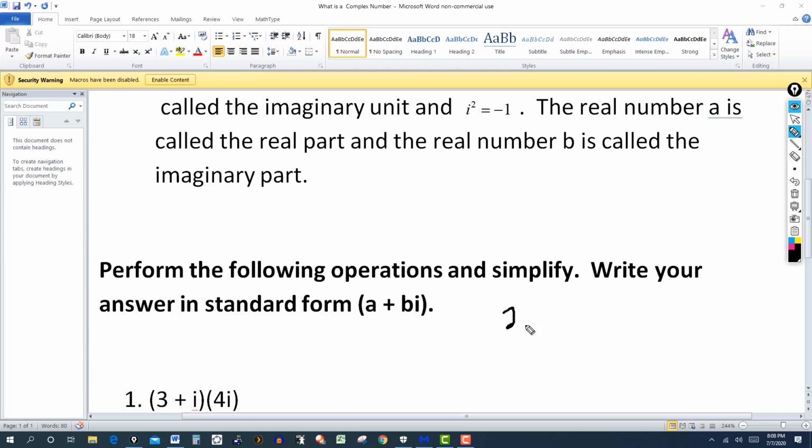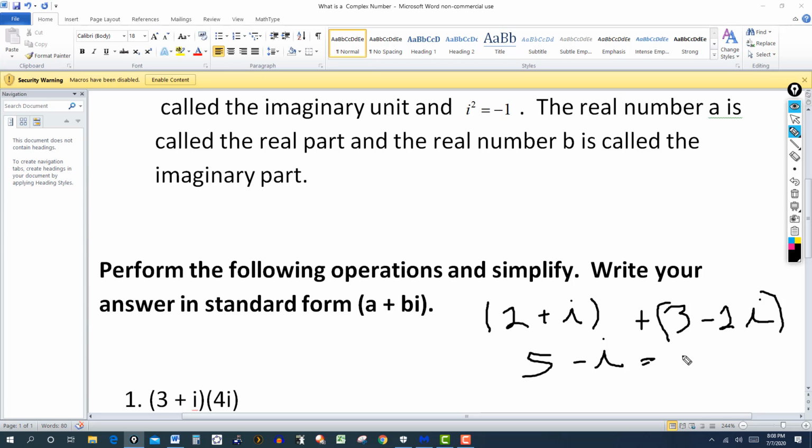If I have 3 plus i, now when I add to that, say 3 minus 2i, just treat the i like an x, combine like terms. 3 and 2 is 5. 1i and minus 2i is minus 1i, or just minus i. Okay, so if they want it in the standard form, then we just write this as 5 plus -i.